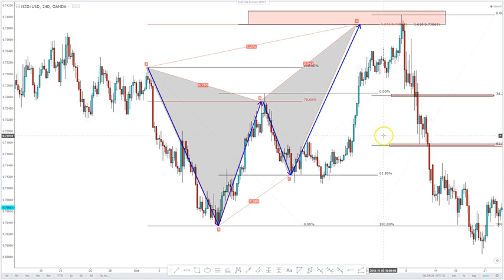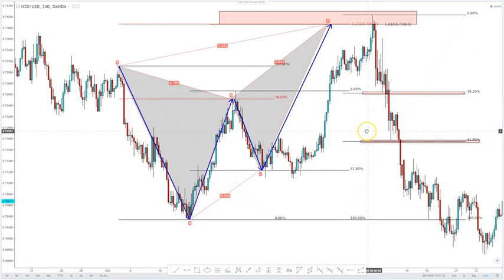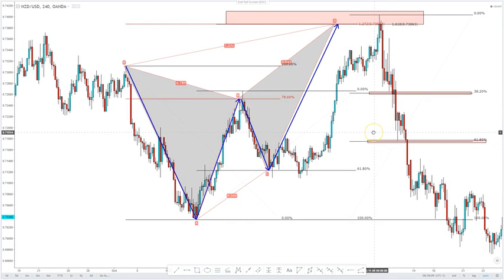So, I mean, that's the butterfly pattern, guys. I don't know what else I can say about it, besides the fact that this zone, this ratio cluster right here, is a strong resistance. So even if, let's say on the 4-hour chart, it spikes up above, as long as you get a daily chart close below the zone and below that Fibonacci cluster, you're good to go to take the pattern, all right?